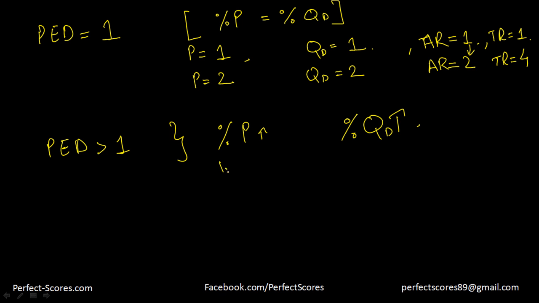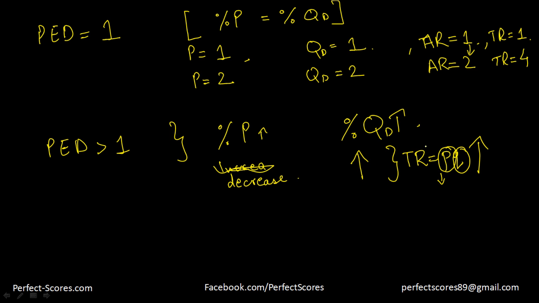So if you decrease your price by a little amount, your quantity demanded would increase by a greater amount, which will result in increasing the total revenue. Why? Because total revenue is equal to P into Q. If you decrease P by a little amount and increase Q by a greater amount, your total revenue will be a bigger amount, right? So it will actually increase.